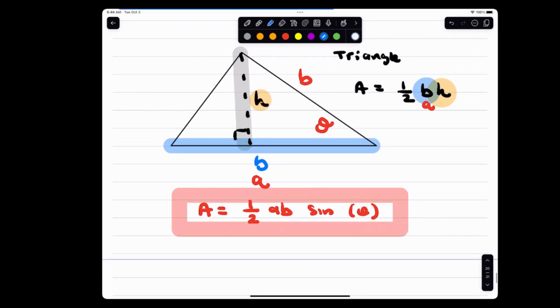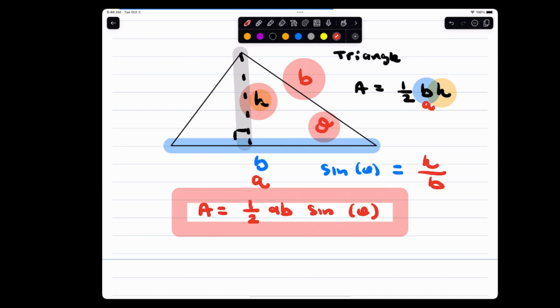Tell me, if you look at this picture, how do we define sine theta? Here's my theta. What's the definition? Isn't it opposite over hypotenuse? Is that true? So sine theta is H over what letter?